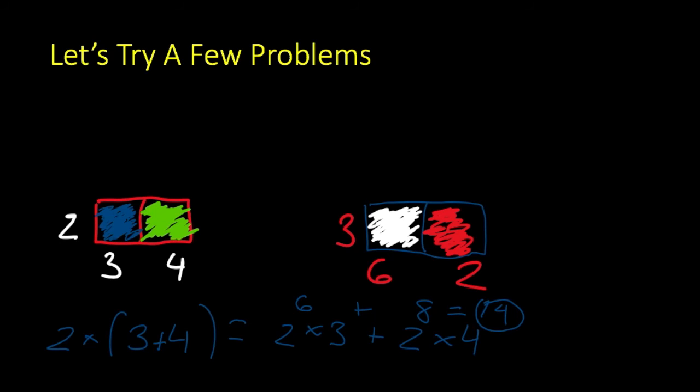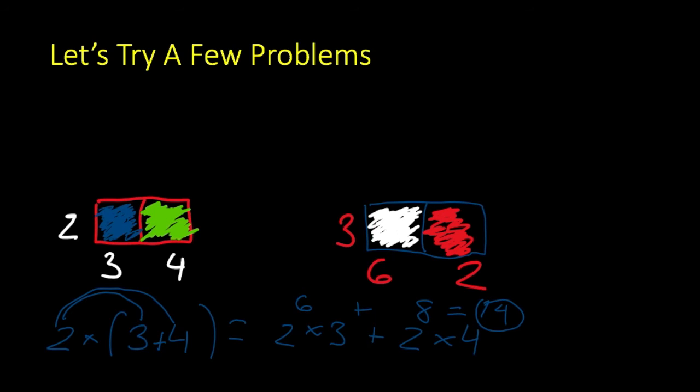So basically all we're doing here is just multiplying 2 times 3 and 2 times 4. And then once we're done multiplying those, we're adding both the answers, and then we're getting a final total, which equals 14.